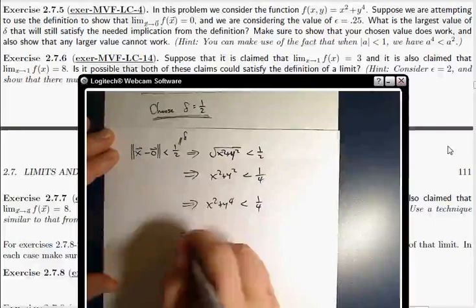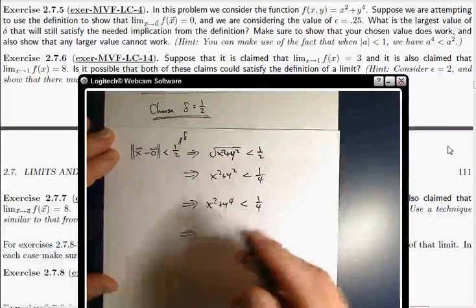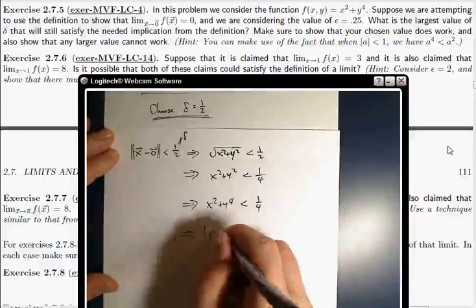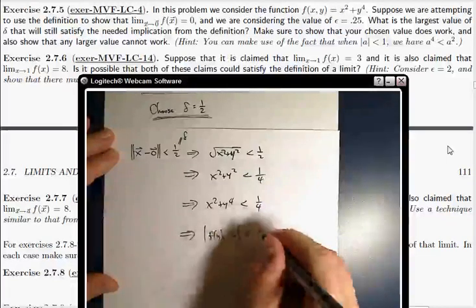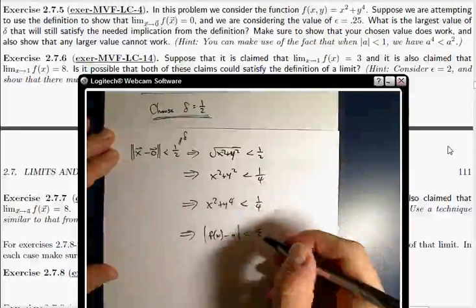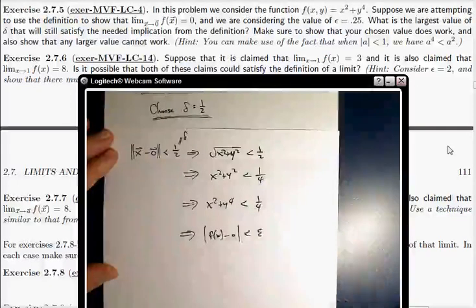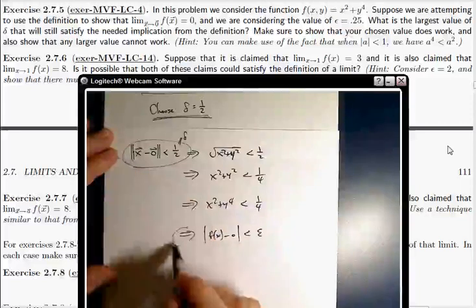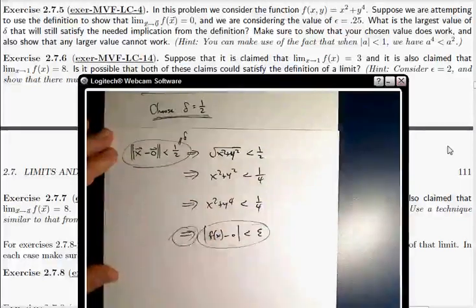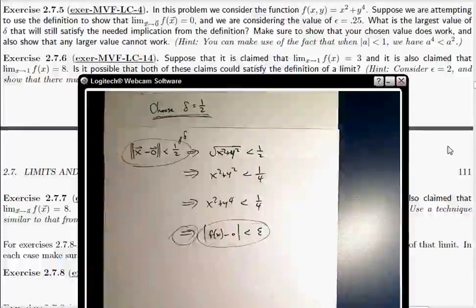But this is exactly the absolute value of f of x minus L, namely 0, and this was the epsilon that was given to me. So that really does imply that as needed, and so delta equals a half works. And that's the biggest value of delta that you can pick.